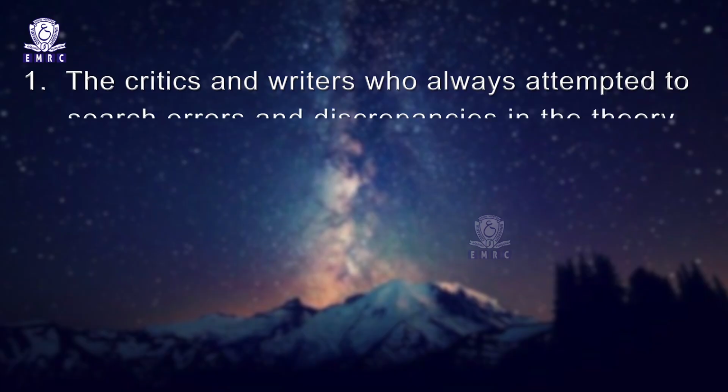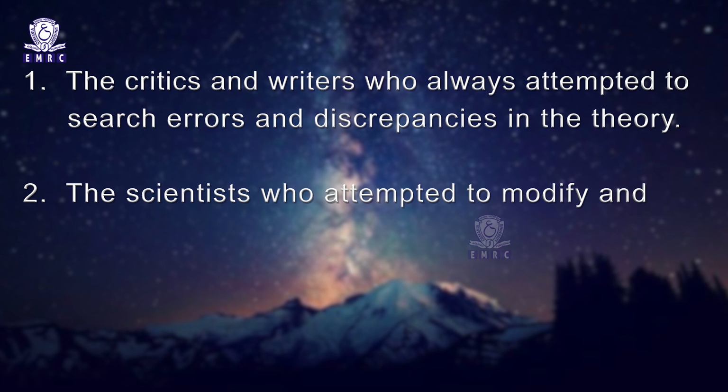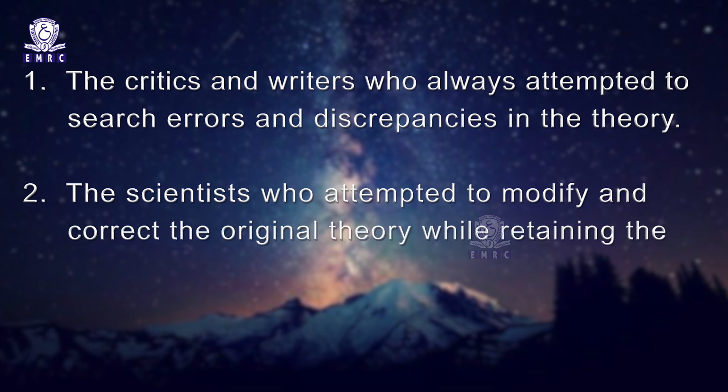One, the critics and writers who always attempted to search for errors and discrepancies in the theory. The second, the scientists who attempted to modify and correct the original theory while retaining the basic tenets. Some of the limitations and defects pointed out by various scientists in Wegener's theory of continental drift follow.